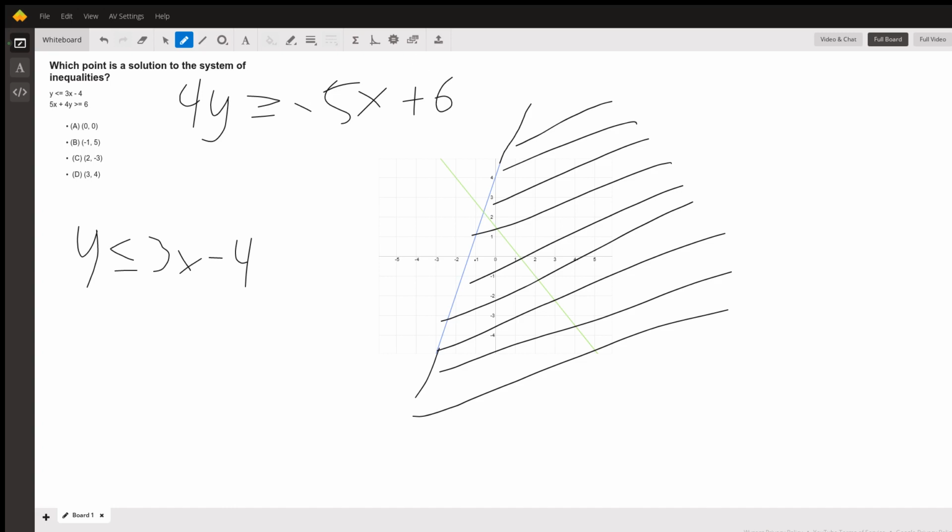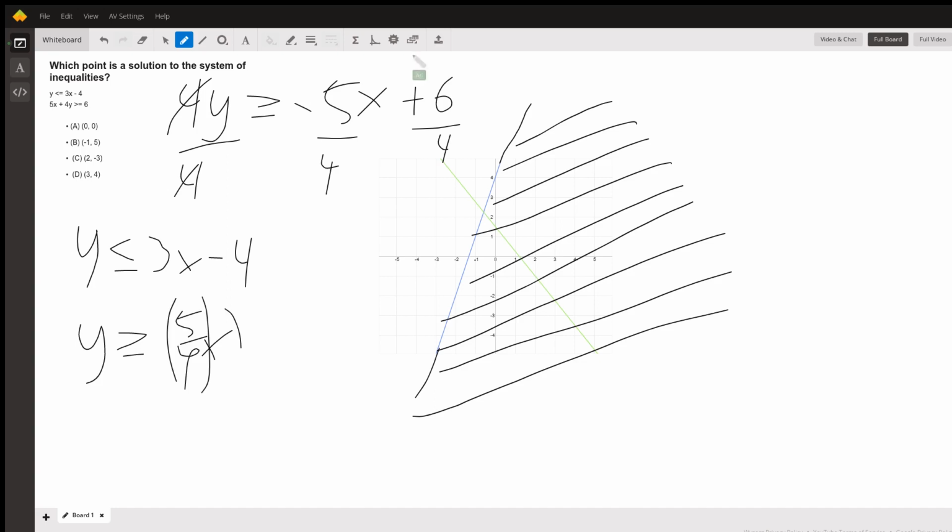And then we can go ahead and divide both sides by 4. And then what do we have? We can just simplify, cancel out, and we're left with y is greater than or equal to 5/4 x, pardon my handwriting.